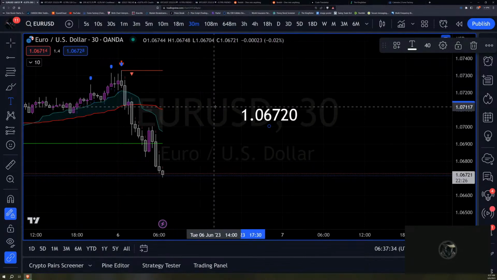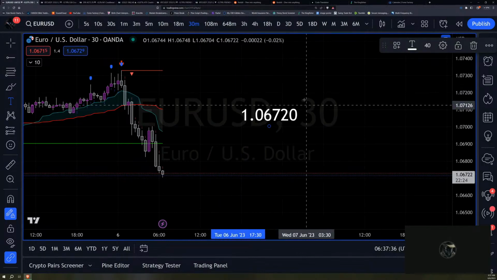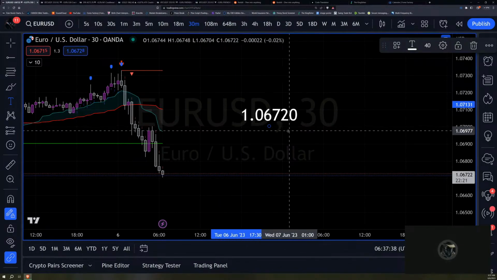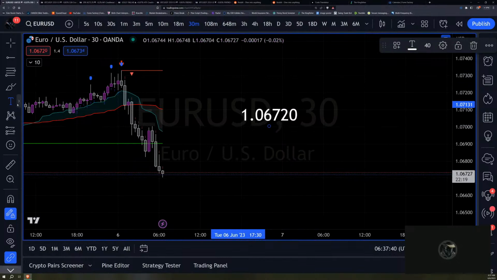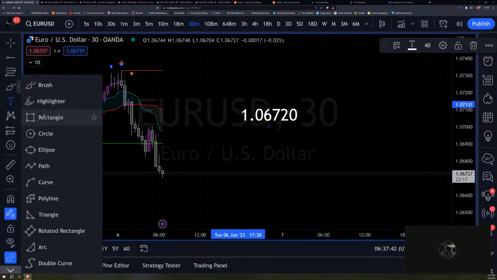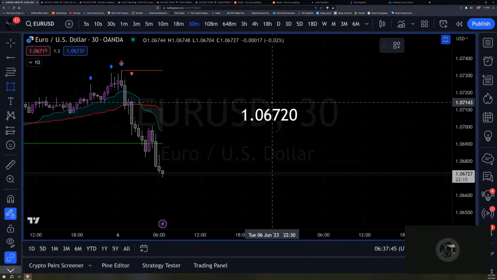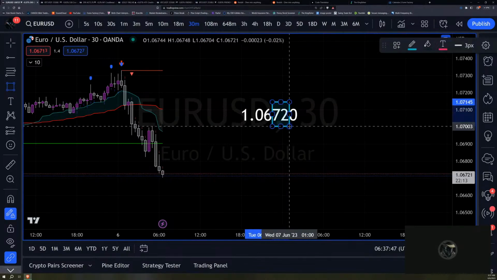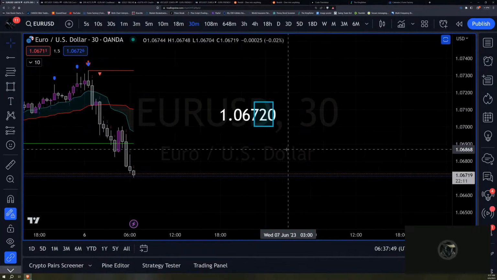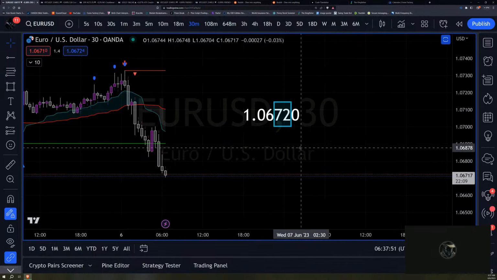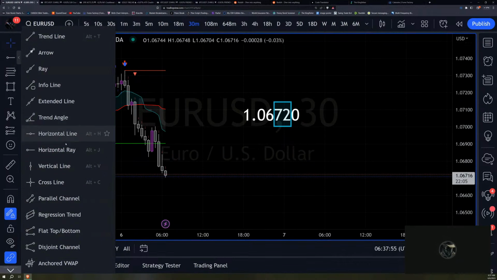Okay. So now if you are looking at other pairs, then pips can actually be a little bit different. But for the most part, especially outside of the exotics, it's going to be these two numbers. Those are your pips, right?